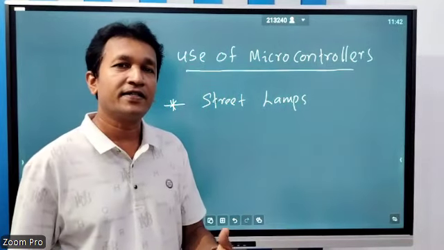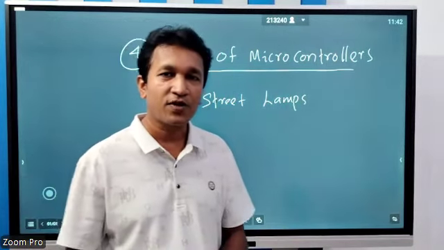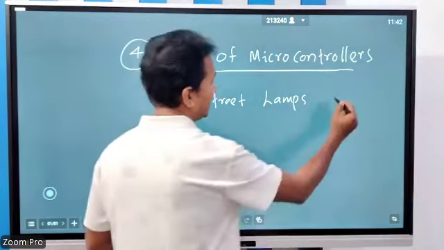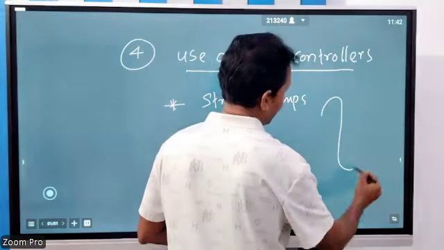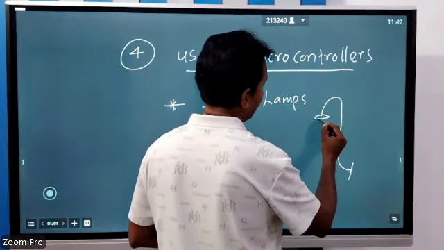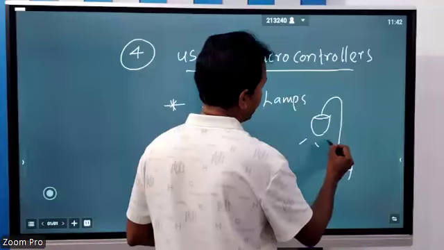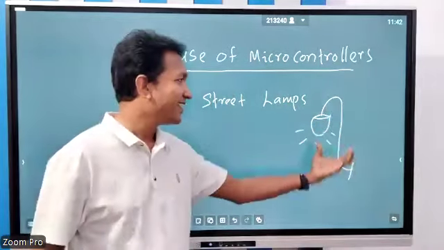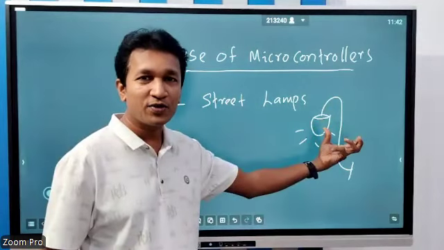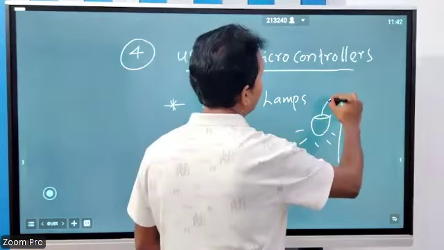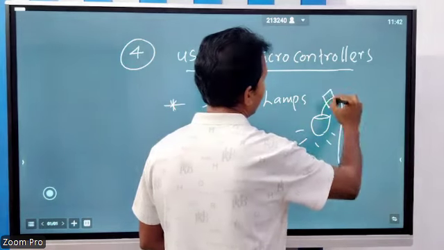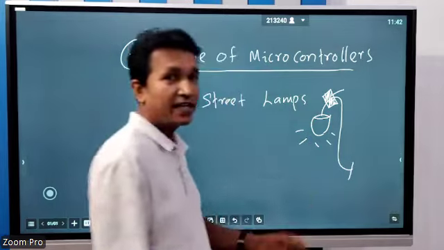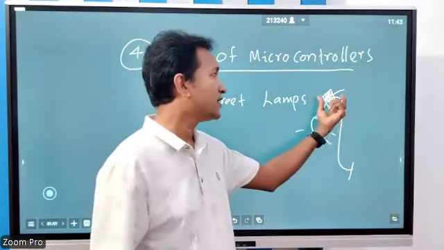When dark comes, the light will automatically give the light, right? This is a street lamp, right? The street lamp automatically turns on, right?